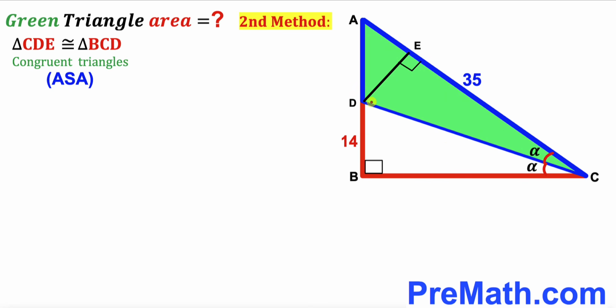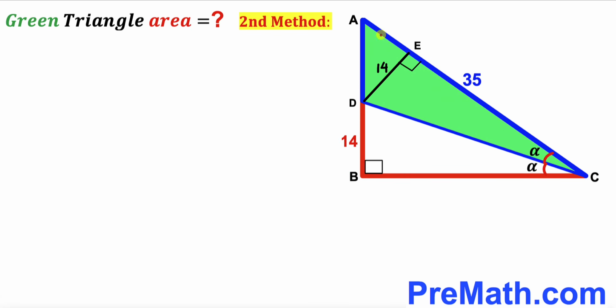Both of these right triangles have this side in common, which is CD. Since these two right triangles are congruent, segment DE length is going to be equal to segment BD length. If this is 14, then this DE length has got to be 14 units as well.